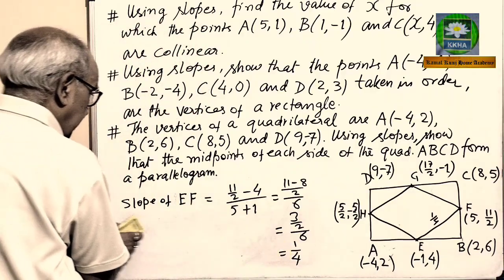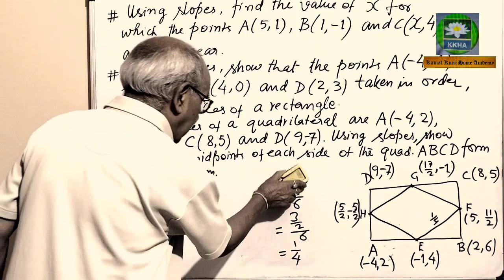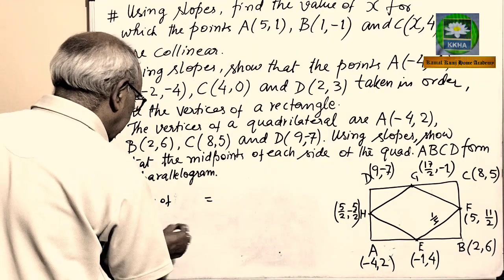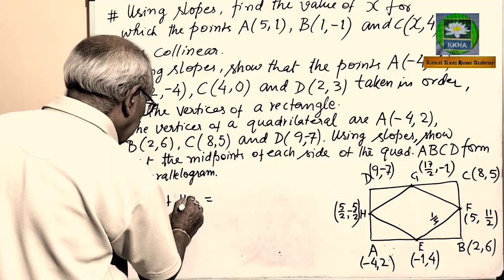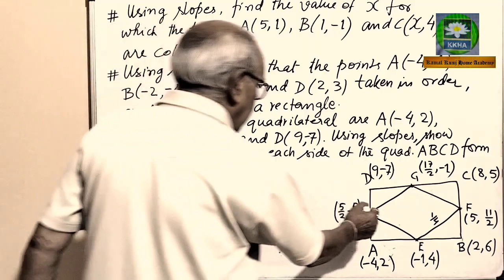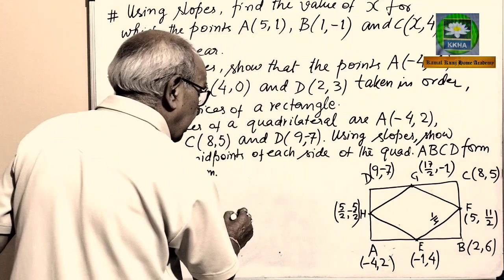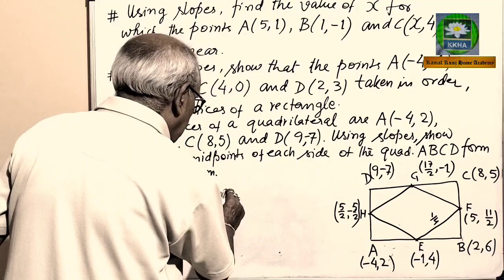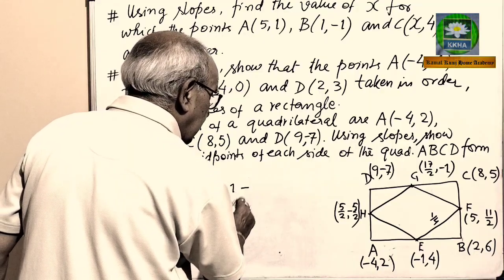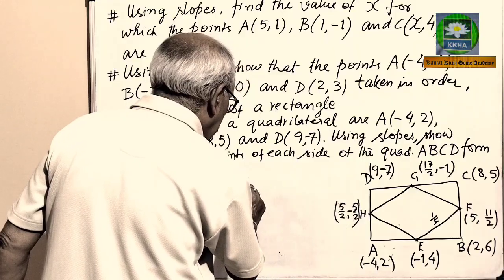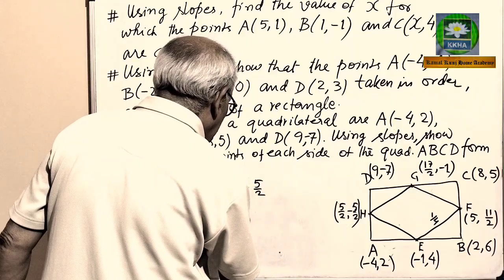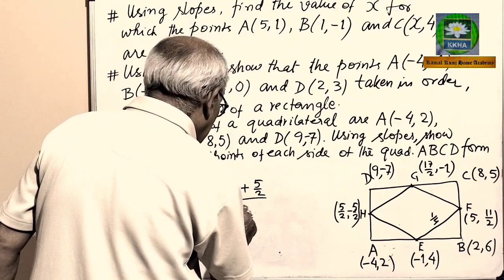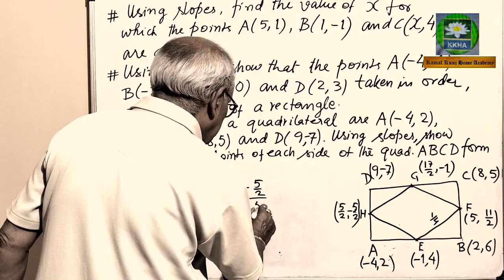Now the slope of line segment HG. y2 is -1 minus (-5/2), so it will be plus 5 upon 2, over x2 minus x1, which is 17 upon 2 minus 5 upon 2.